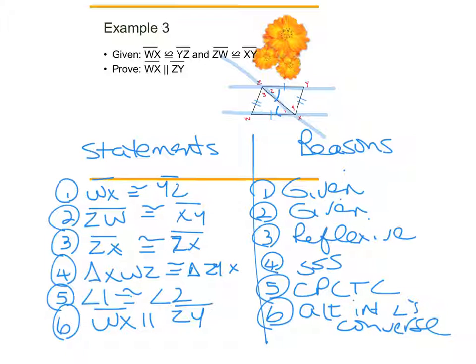So these reasons, the converses of the alternate interior, alternate exterior, corresponding, two lines perpendicular to the same transversal, and two lines parallel to the same line, are all going to be reasons to prove lines parallel, and they're going to keep coming back to us. Any questions?